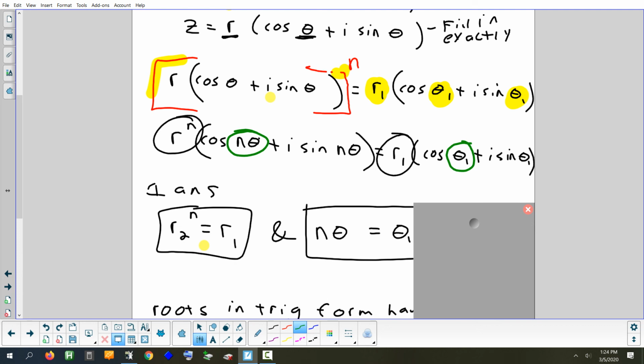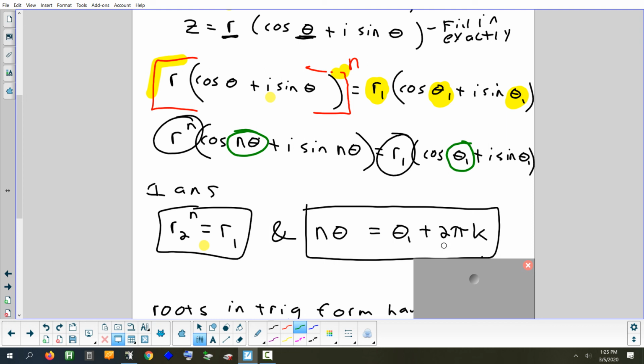Plus 2 pi n. Yeah. We always added 2 pi n, and that represented every answer. It's the same idea here. Or k, whatever letter you want to use. But we put plus 2 pi k, and that gives us all the answers.